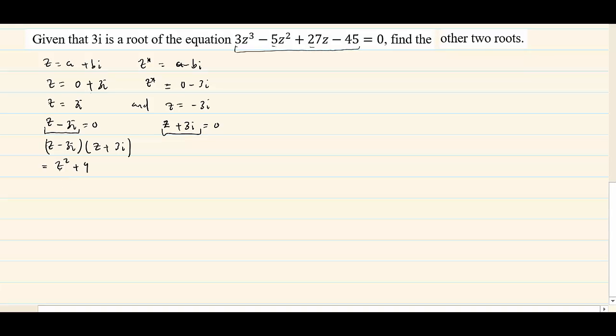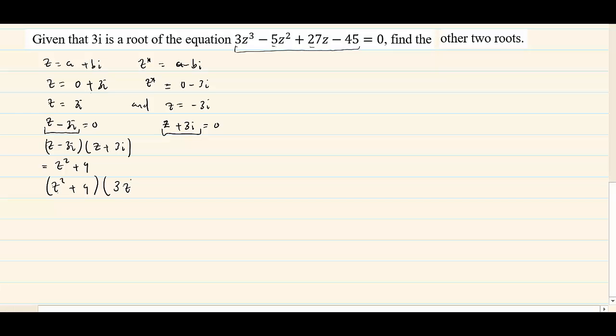Now I'm going to try and divide this z squared plus 9 into this polynomial. If I divide z squared into 3z cubed, you're going to get 3z. If you're unsure of how to divide this, have a look at one of my videos that deals with the synthetic division of polynomials, and you can brush up your knowledge on that.